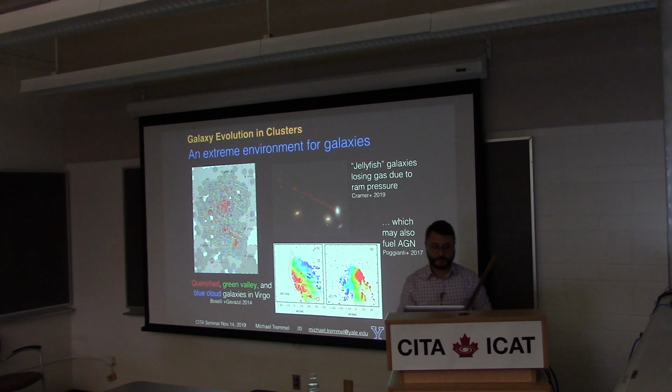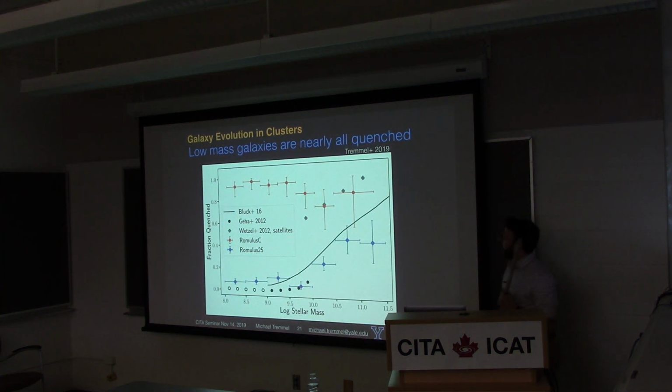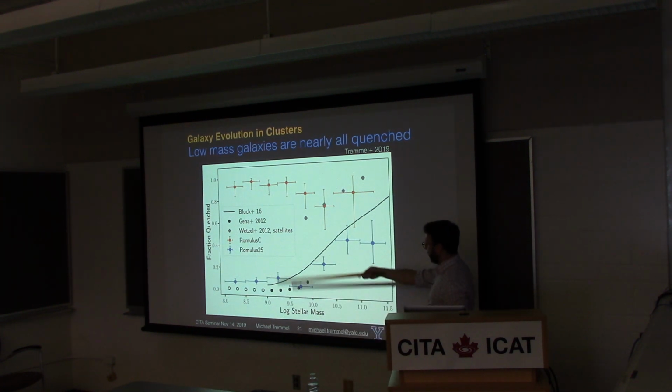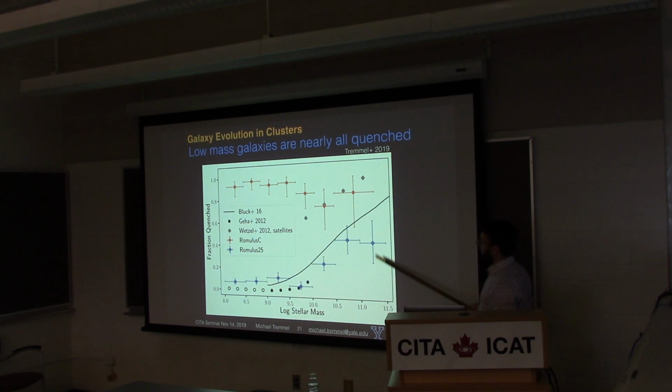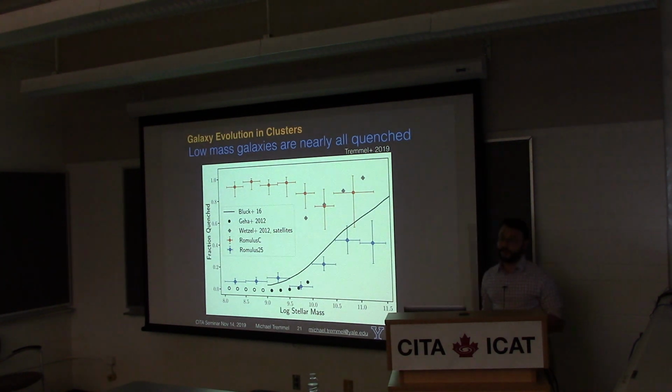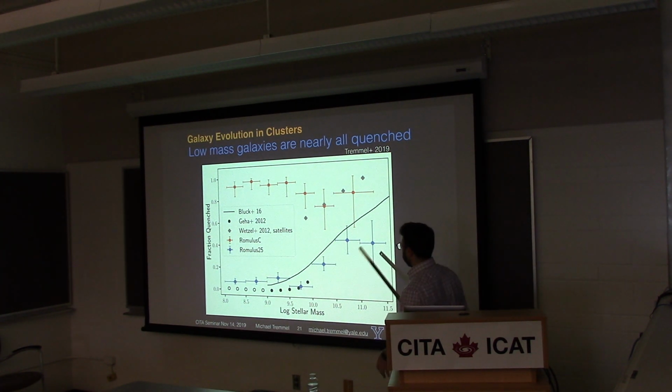really interesting problem. And so in RomulusC, we see, not surprisingly, a significant fraction of quenched galaxies compared to isolation. So this is the quenched fraction as a function of stellar mass. In blue are isolated galaxies that we took from that Romulus 25 uniform volume simulation. So galaxies that are not interacting with anything really in particular.